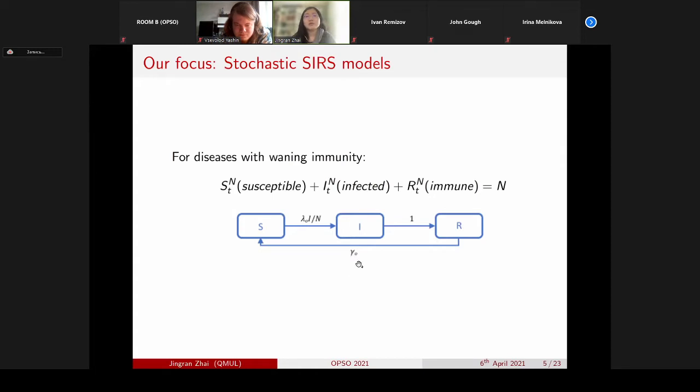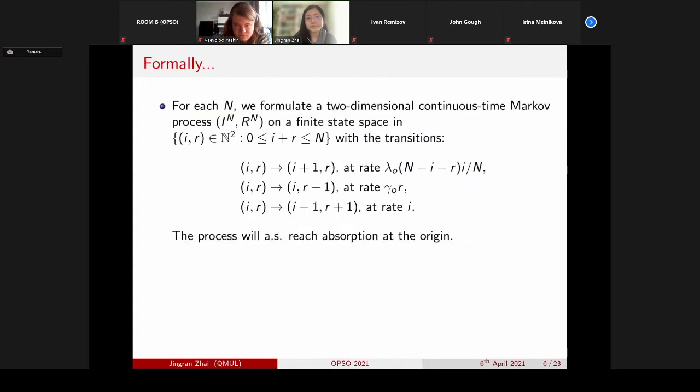If gamma 0 equals 0, which means everyone has permanent immunity, this model is then called the SIR model. So formally, like before, we can define the stochastic version of the SIRS model as a two-dimensional continuous time Markov chain with a two-dimensional parameter space.